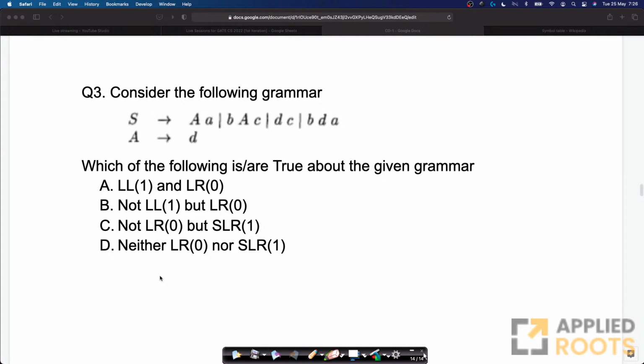Somebody is asking about something in COA. Thankfully, somebody answered it's covered in OS. Again, let's focus on CD, please.